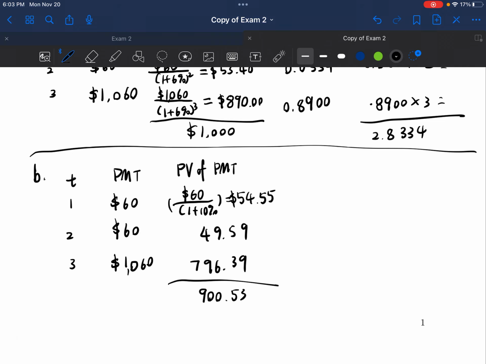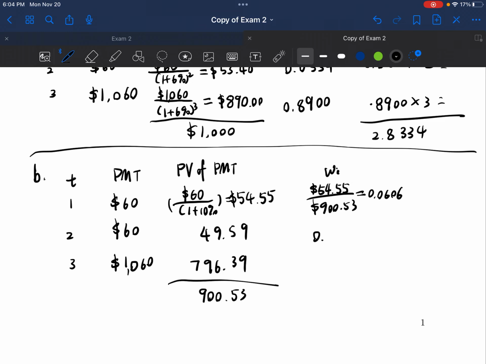So that's different. When you calculate the weight, it's no longer the PV of payments over 1,000. It's actually the PV of each payment over the bond price. That is 900.53. Right? It gives us 0.0606.